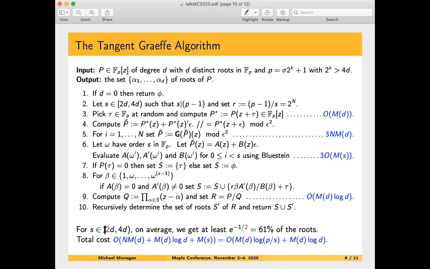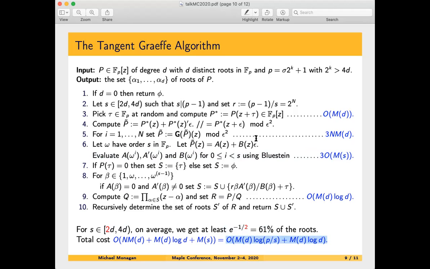If we choose a bigger value for s, we will get a higher percentage of the roots. But one of the steps of the algorithm, this step right here, becomes more expensive. So there's a trade-off there. And down the bottom, I've simply added up the cost of the various components of the algorithm and come up with a more precise statement about the cost of the algorithm than I showed in the introduction.